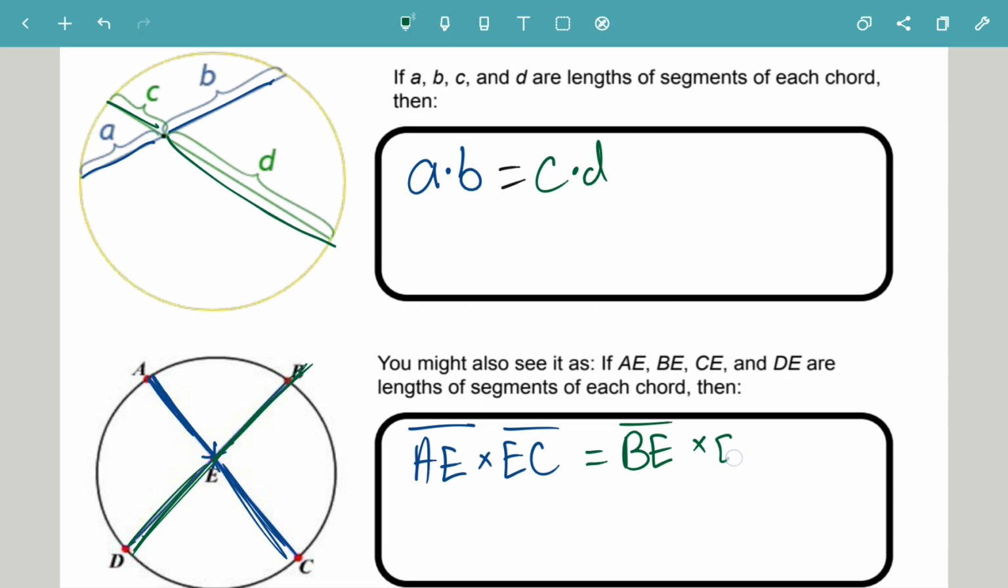You can also flip this to be CE or DE. Those are segments of each chord, and they're just being multiplied together. So both of these are saying the same thing, they're just formatted differently.